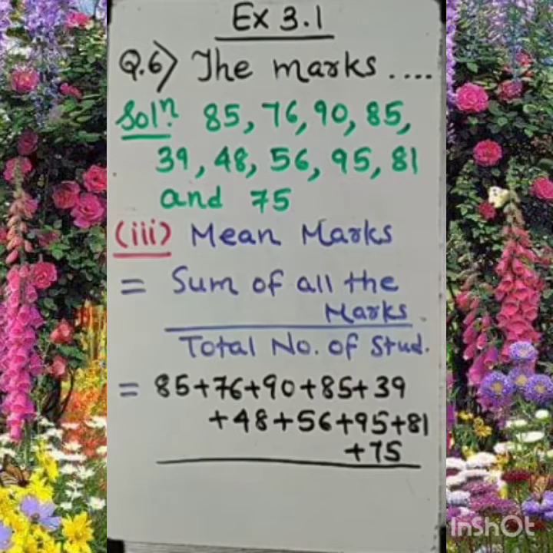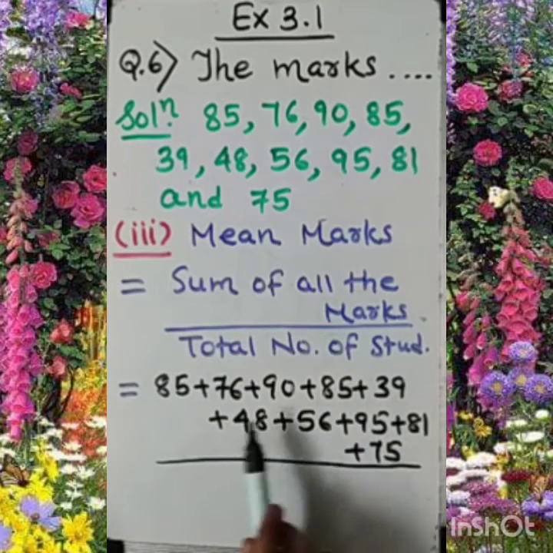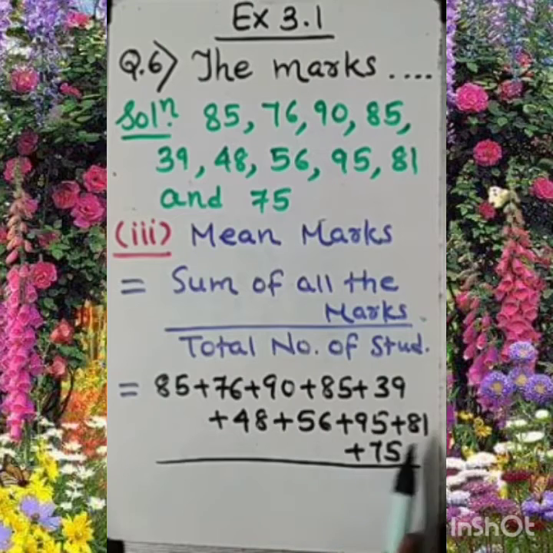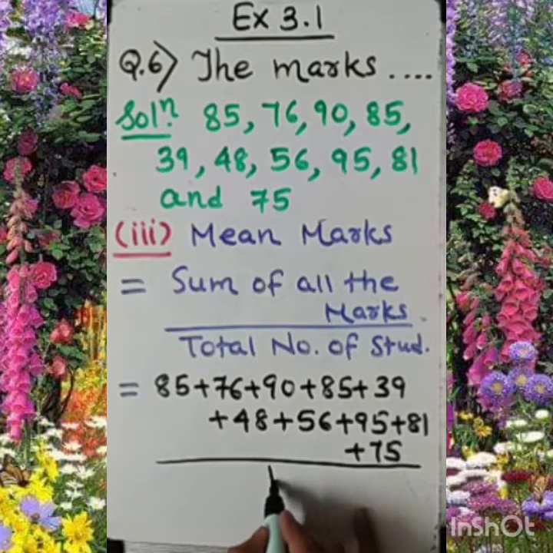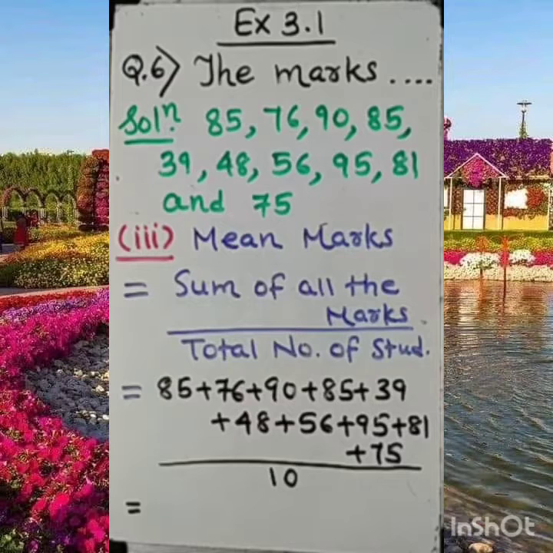Now dear students, how many observations are there? These marks are out of 100. Here you can see 1, 2, 3, 4, 5, 6, 7, 8, 9, 10. So the total number of observations is 10. Let's add all of these.